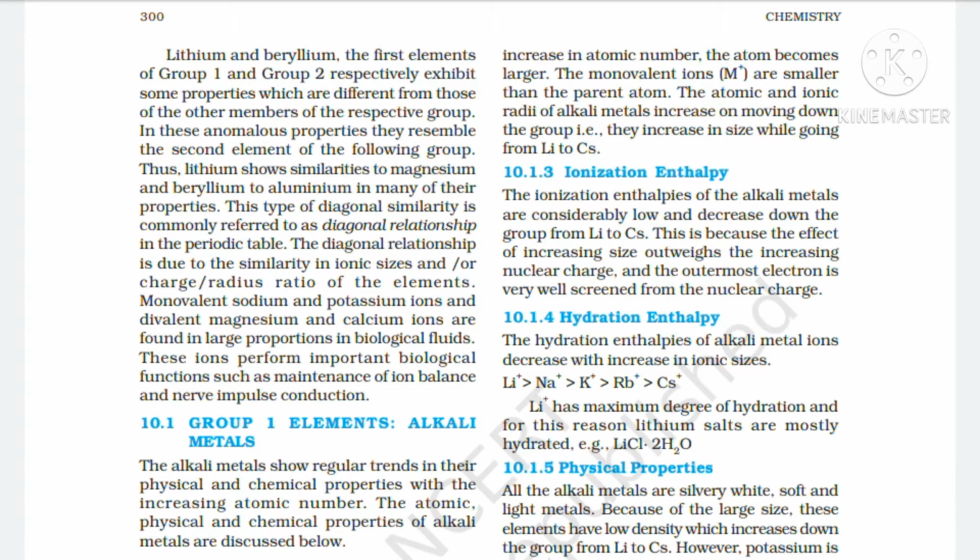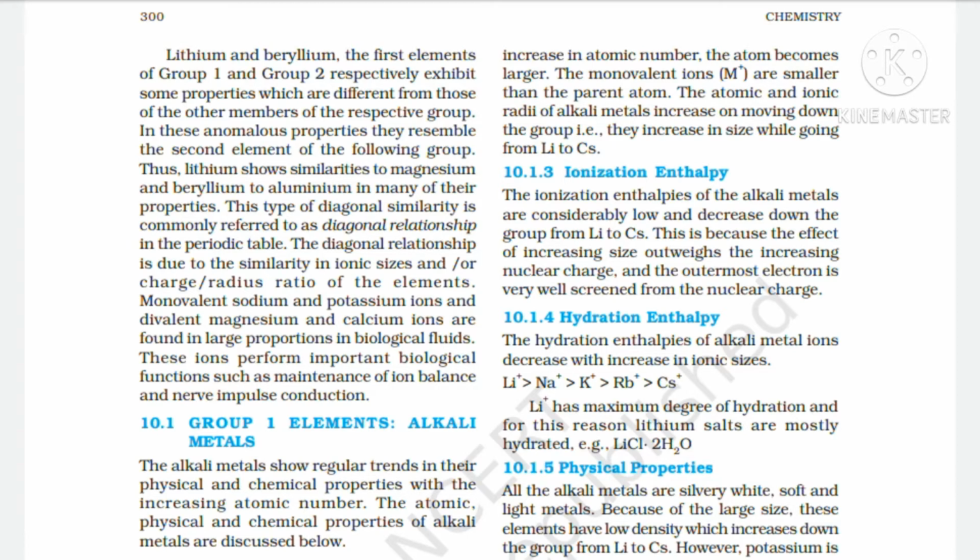Metal, color and wavelength in nanometers. Lithium: crimson red, wavelength 670.8. Sodium: yellow, wavelength 589.2.